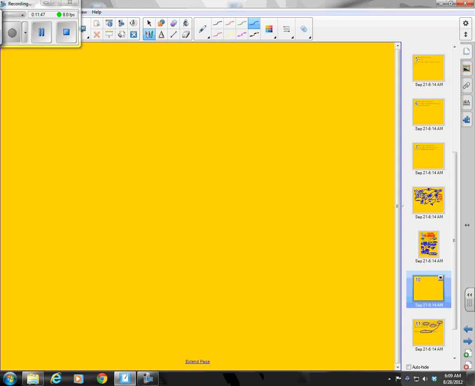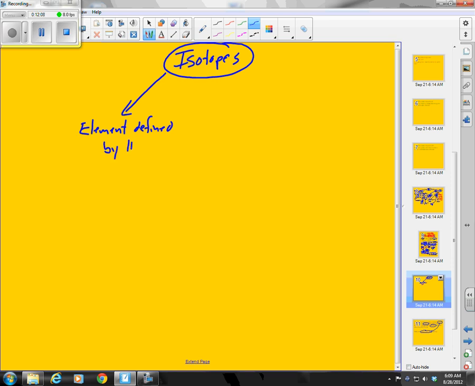So, isotopes. Okay, remember, I said that an element is defined by the number of protons, right? If it has 6 protons, it must be carbon.